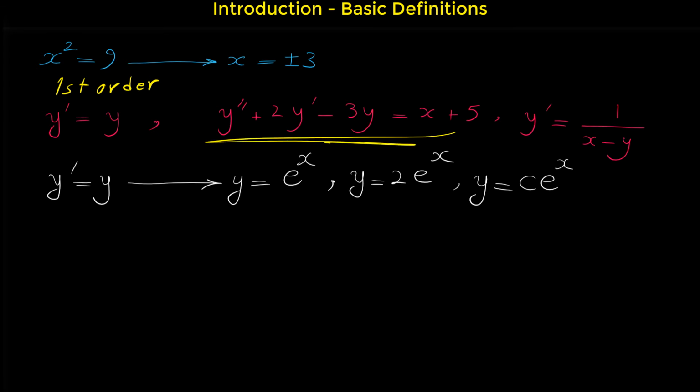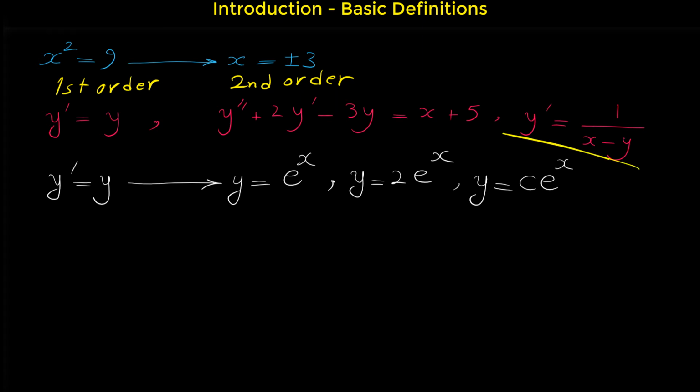In the second example, the highest order of derivative is y double prime, and so we say this is a second order differential equation. And in this third example, because y prime is the highest order, again we say this is a first order differential equation.